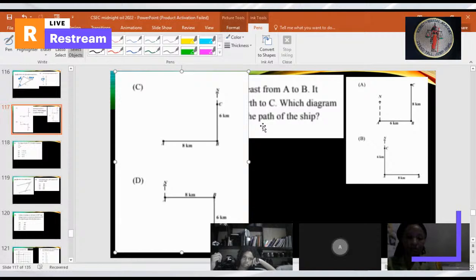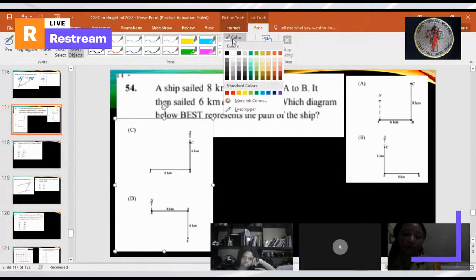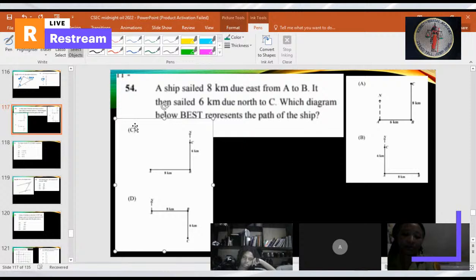So the answer would be C. So 6 kilometers east and then 8 kilometers north. So that is C, right?